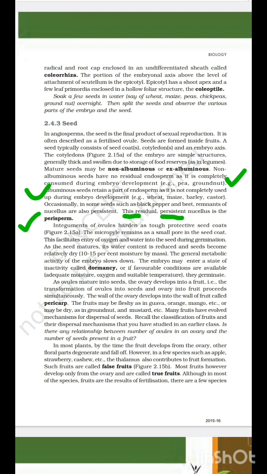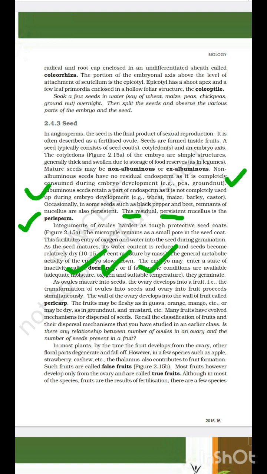The general metabolic activity of the embryo slows down. The embryo enters a state of inactivity called seed dormancy. If favorable conditions are available, they germinate again. Favorable conditions like adequate moisture, oxygen and suitable temperature.